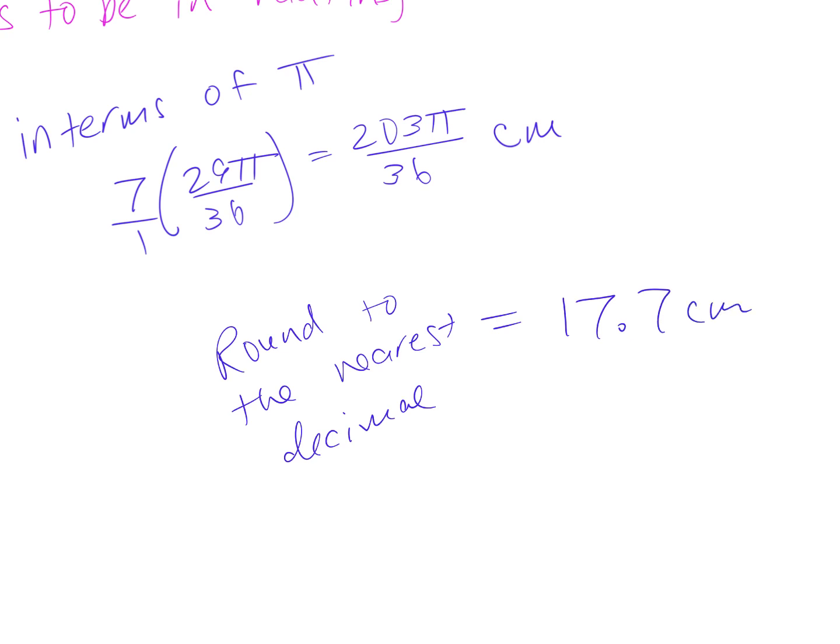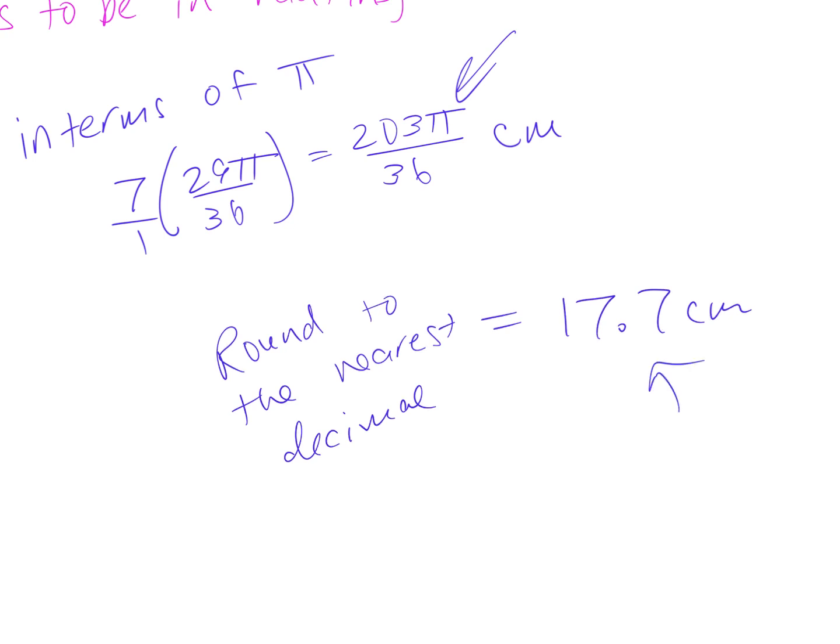So read the directions. Don't come up to me and say, what did you want us to do here? I'm going to tell you to read the directions. If it tells you no decimals, no decimals. Don't change the fraction. If it says to round to the nearest, then there you go.